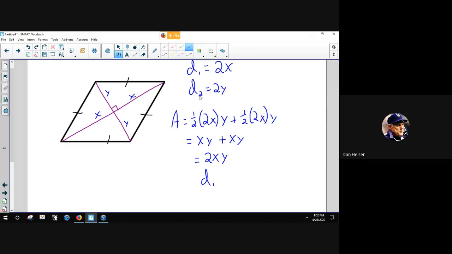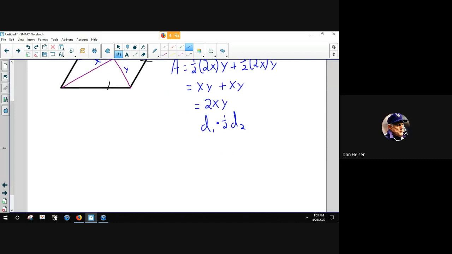I want to use this. Well, I know that diagonal 2 is 2y. So y by itself is half diagonal 2. And now we have what we're looking for.